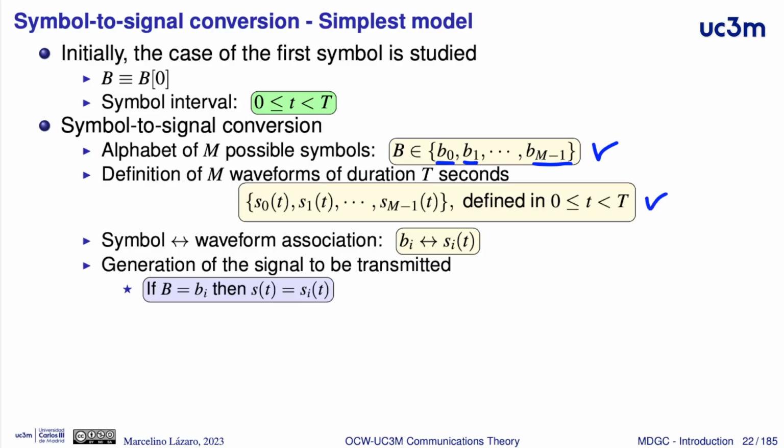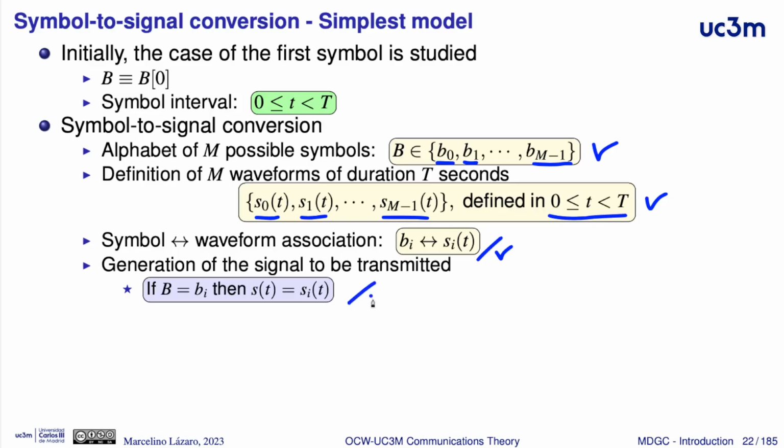It is necessary to define a set of capital M signals, capital M waveforms, with a support between 0 and capital T: S0, S1, up to S M minus 1. And a given symbol is associated to a specific signal. The symbol of index i is associated to the signal of index i.